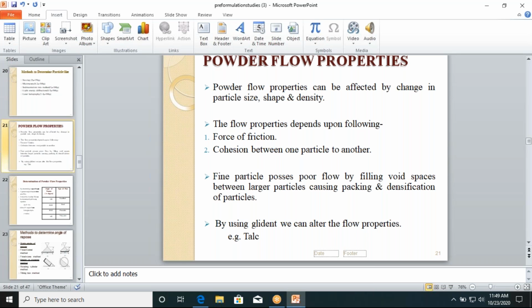So when you have fine particles, sometimes they will show poor flow because of filling the void spaces between the larger particles. This will cause packing and densification of the particles. This is the reason why the fine particles possess poor flow. What do you mean by void spaces?